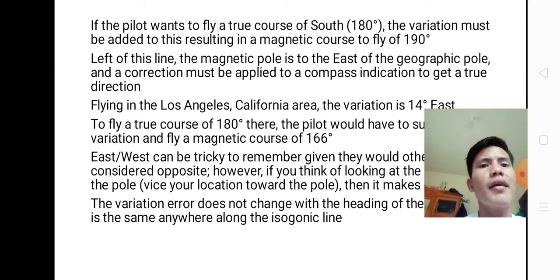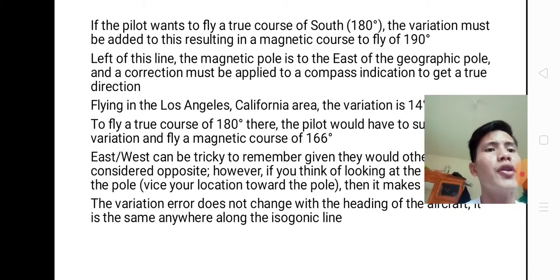Left of this line, the magnetic pole is to the east of the geographic pole, and a correction must be applied to a compass indication to get a true direction. Flying in the Los Angeles, California area, the variation is 14 degrees east.